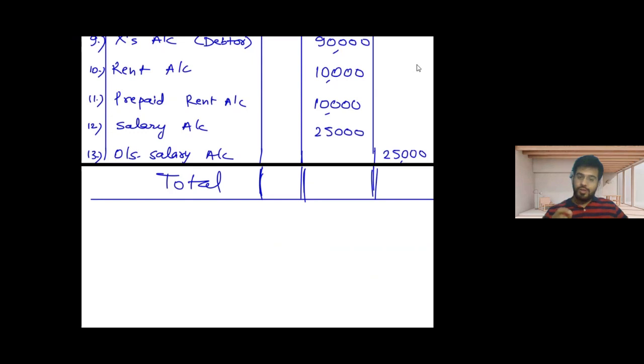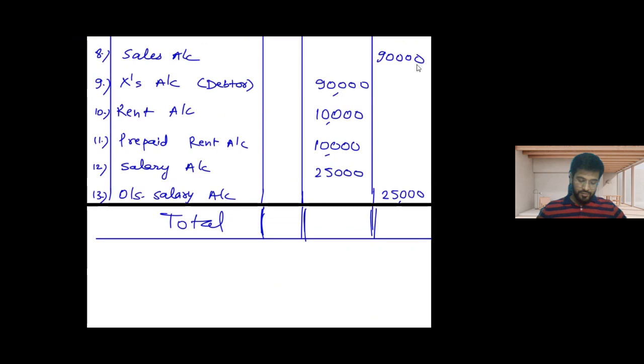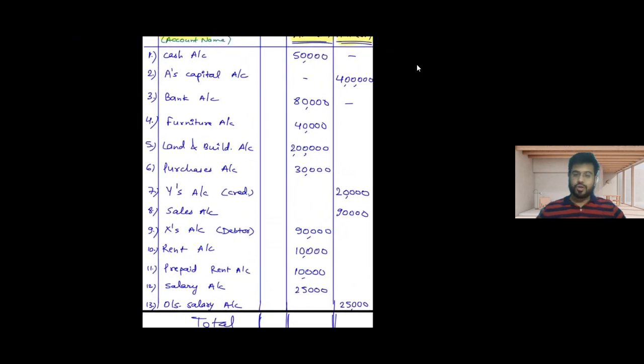Now the total of the debit balance and the credit balance should match. If it is not matching, there is some error which you have committed, whether in posting the journal entries to your ledger or taking the balances from your ledger account to your trial balance. If it is not matching, then there is a problem. So let's see whether we have matched it or not.